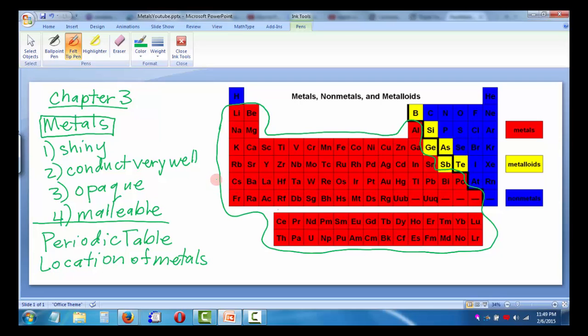So you should be able to look at the periodic table and identify what is a metal just by looking at the periodic table. And in your textbook there is a similar drawing that identifies the metals versus the nonmetals and metalloids, which we'll talk about in a second. So let me erase this.